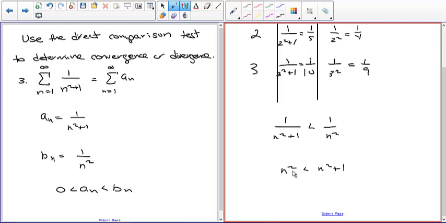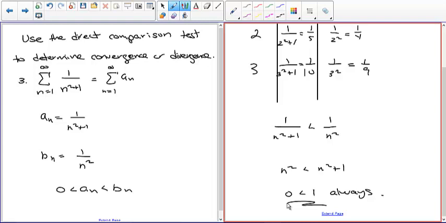Then subtract n squared from both sides, and you get 0 is less than 1, always. Because you end up with that result from the initial assumption, this is true whenever that is true, and that is true all the time, so this has to be true all the time. That's how you would do it algebraically.